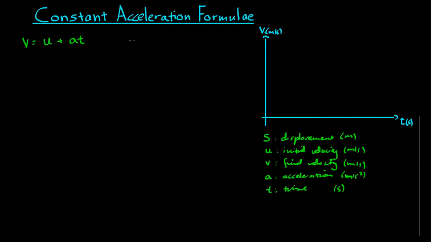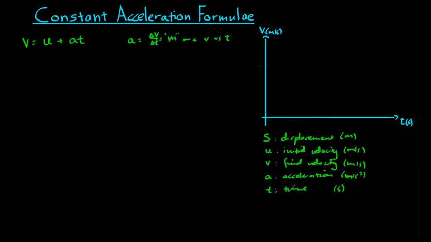So first of all, I'll remind you, A is equal to delta V on delta T, the change in velocity over time, or the gradient on our velocity versus time graph. So on this graph over here, we've got velocity versus time. Don't mistake this V for the final velocity. This velocity is the velocity at any point in time.